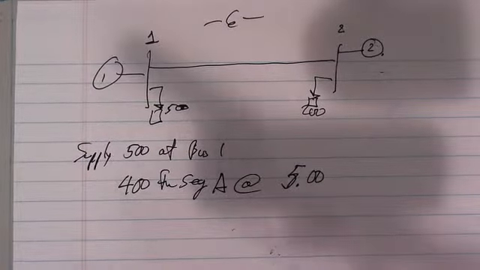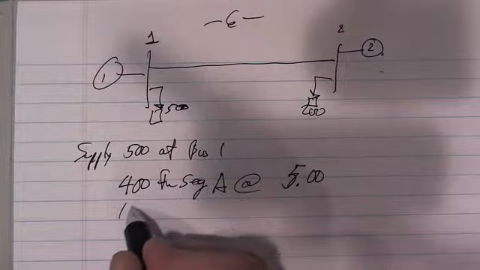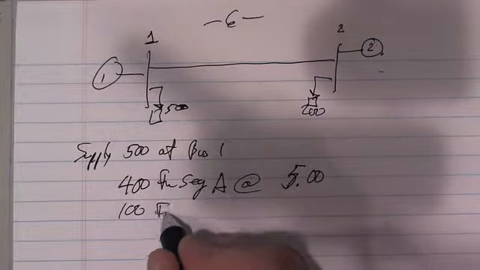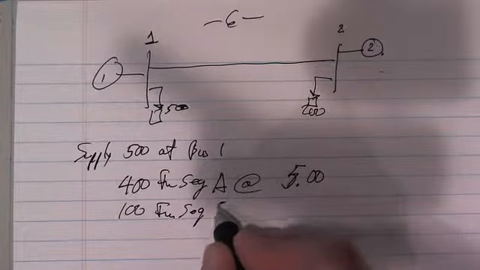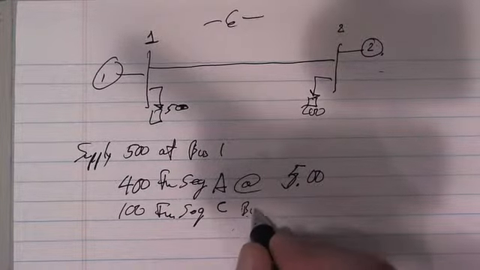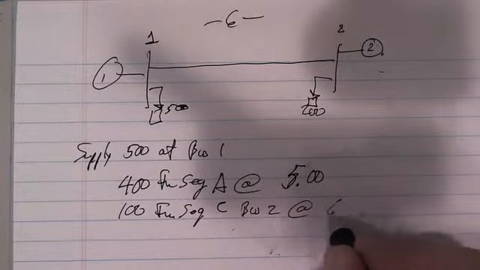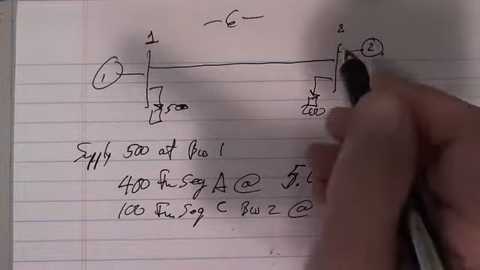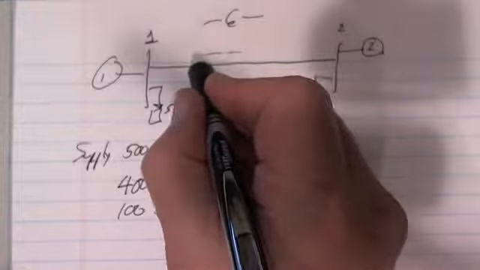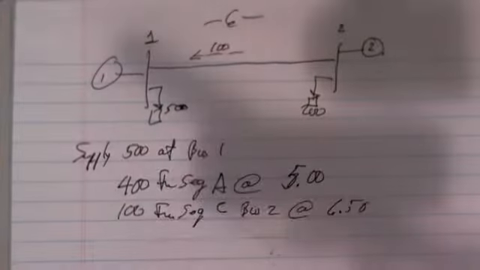Now, it's always the last price. So he gets the other 100 megawatts from segment C on bus 2 at 6.5. So, we're now shipping 100 this way.